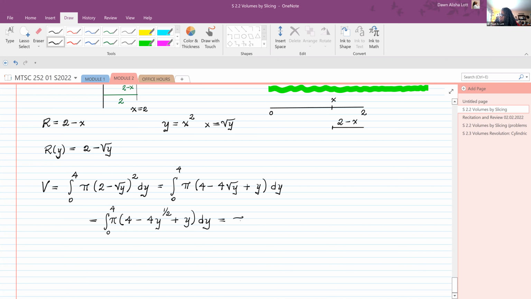That's pi times 4y minus 4, I'm going to add 1/2, which is 3/2, and divide. So that gives me 2/3 y to the 3/2 power plus 1/2 y squared, evaluated between 0 and 4. Okay, and when you plug that in there, you get 8 pi over 3. And that's it.